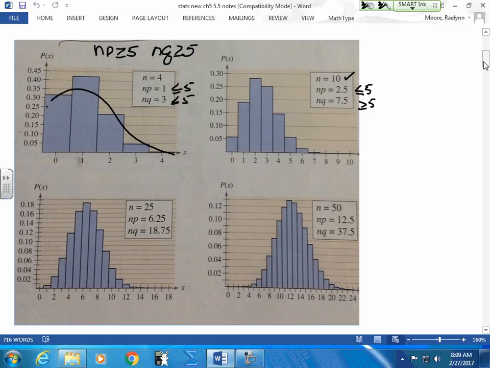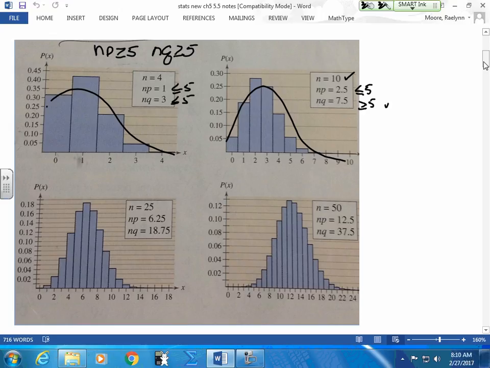So this guy passed, this guy didn't. With me so far? Is this a normal curve? No. Where's the skew? To the right a little bit still. So we cannot use a normal distribution to approximate a binomial distribution. For those first two, we stop right there. We say, do whatever you like, but we can't use this problem.